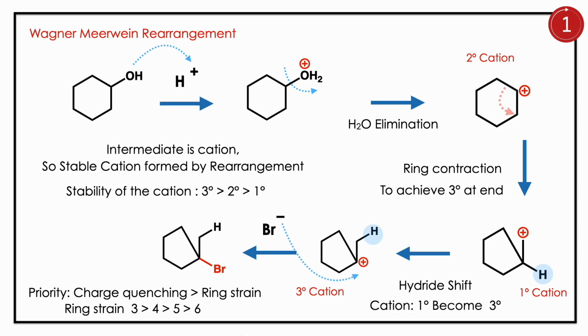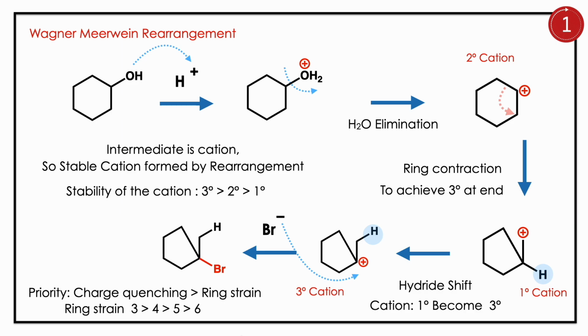Because tertiary cation formation is possible, ring contraction should occur. So the secondary cation becomes primary by ring contraction, then tertiary is formed by hydride shift. Here it is difficult to imagine, but you try to achieve the tertiary cation. Then bromine attacks, you have the final product.